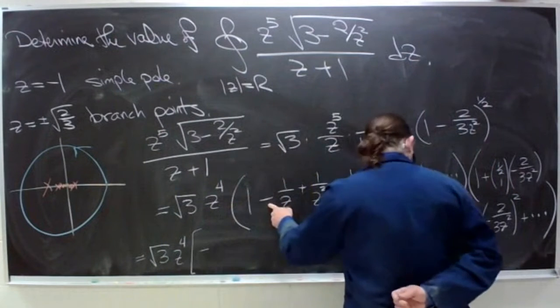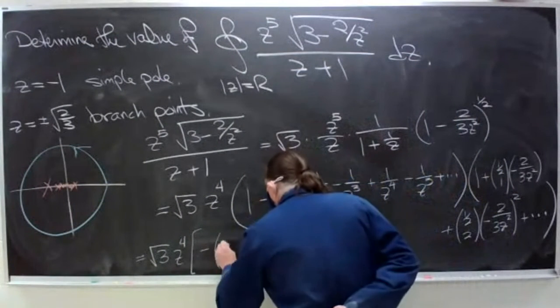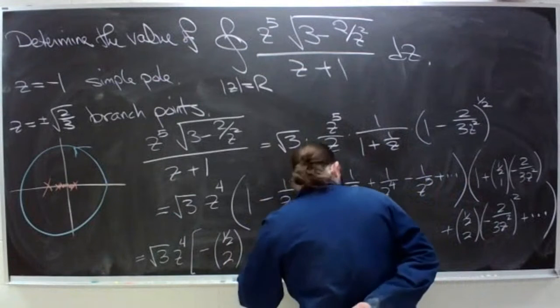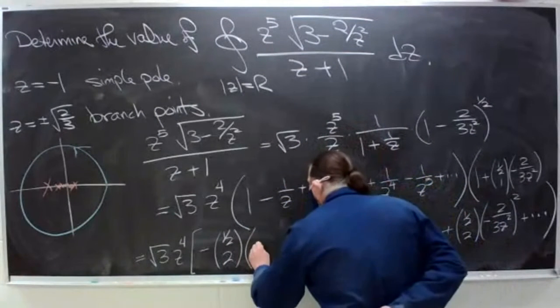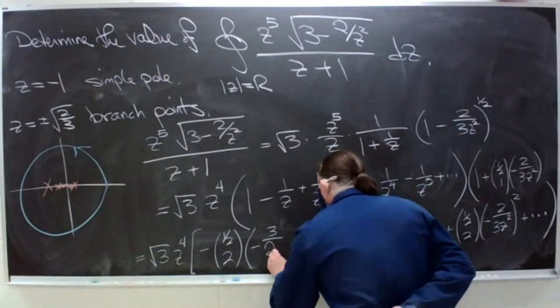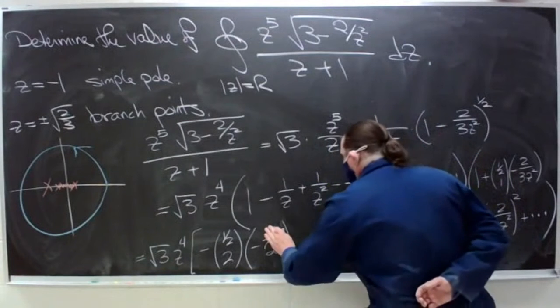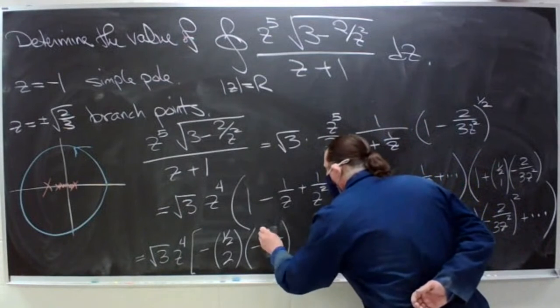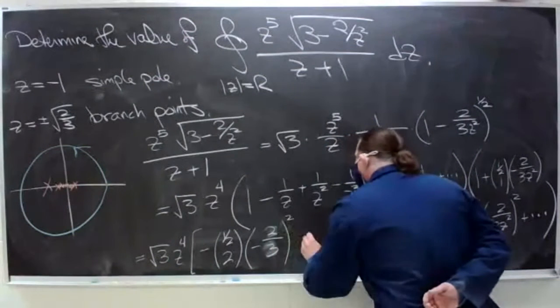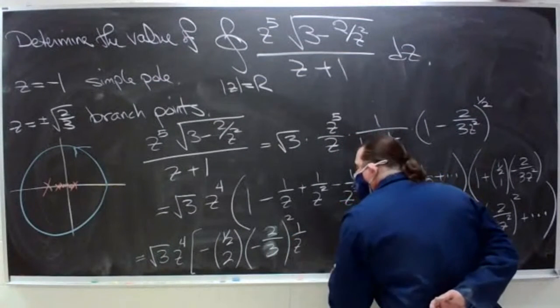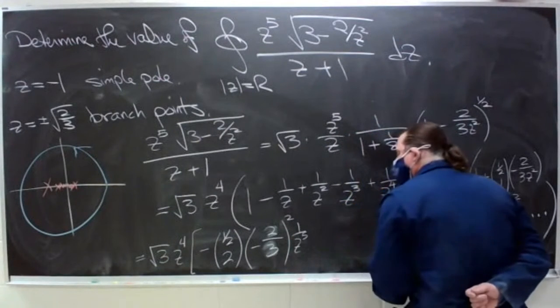Minus from here, and then 1/2 choose 2, and then minus, or sorry, 2 over 3 squared, 1 over z to the 5th.